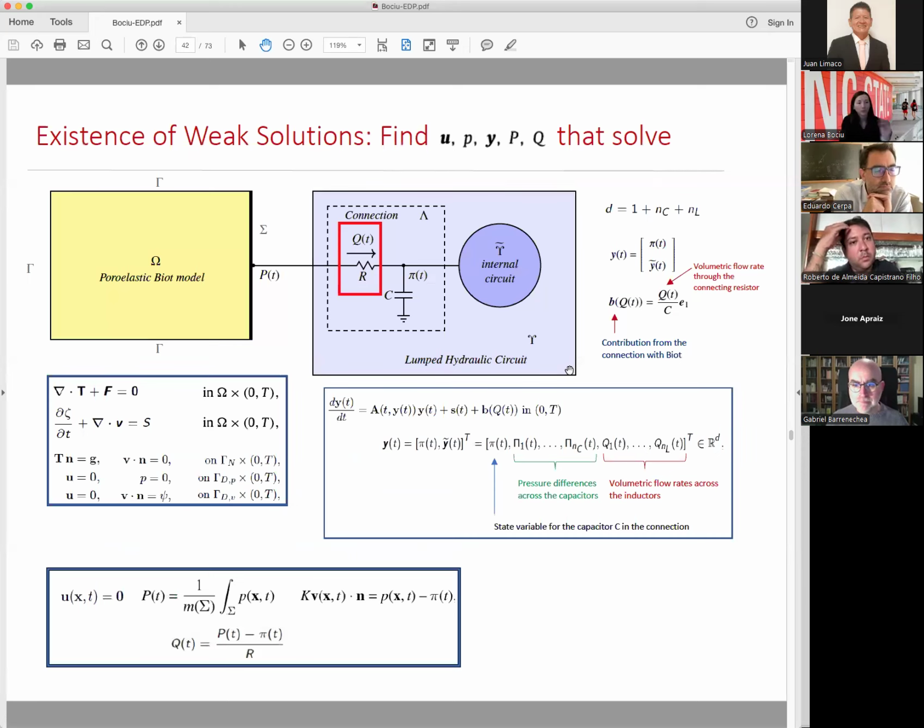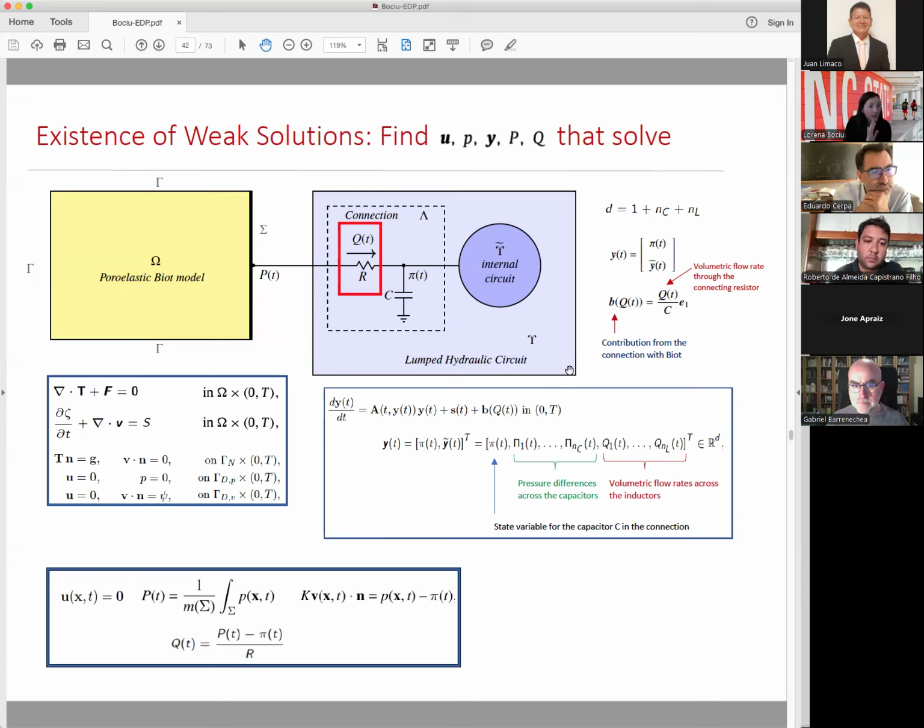So let me just, in the 1 minute that I have, hopefully, tell you what we've done for the theoretical part. And here I should mention that for the poroelasticity, I'm starting at step 0. This is a linear system, okay? So permeability is a constant.